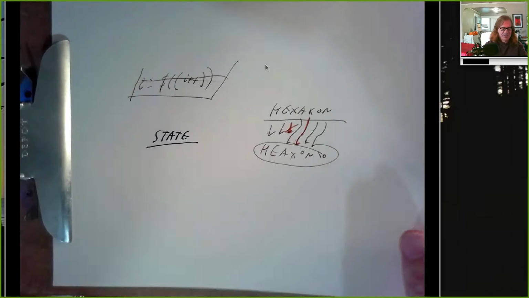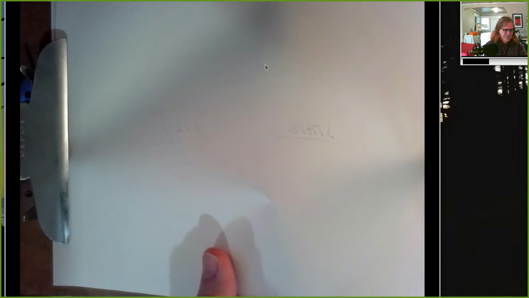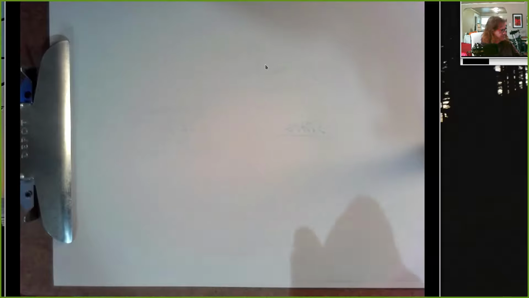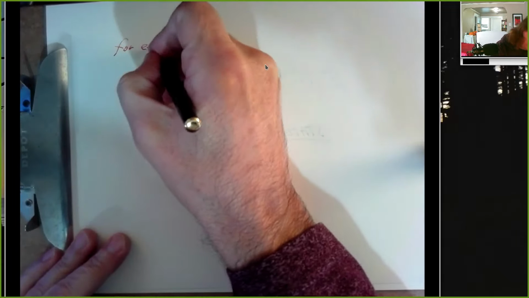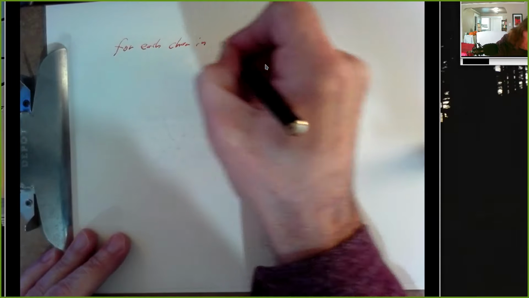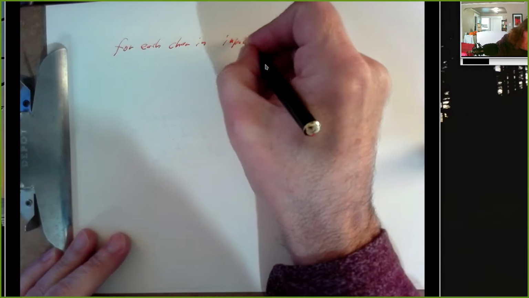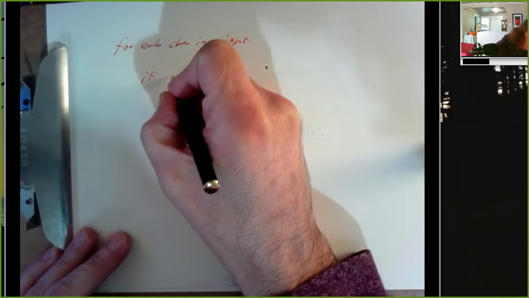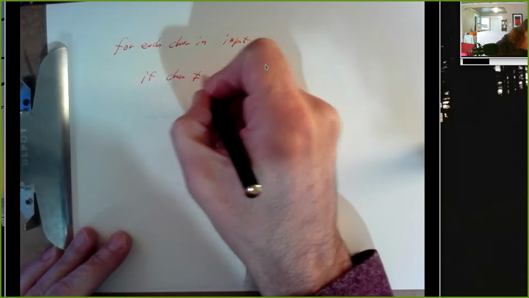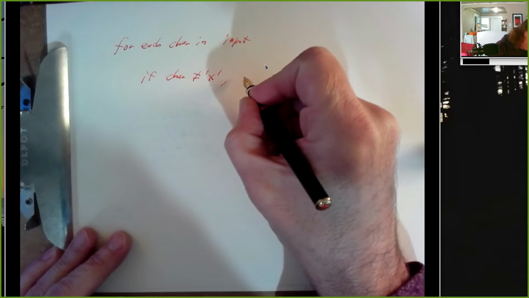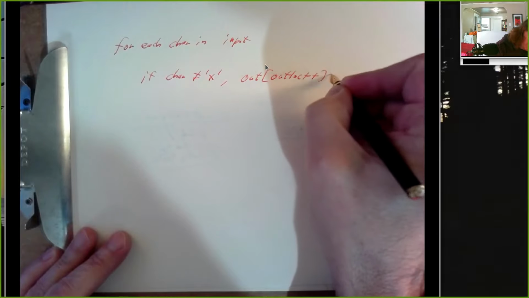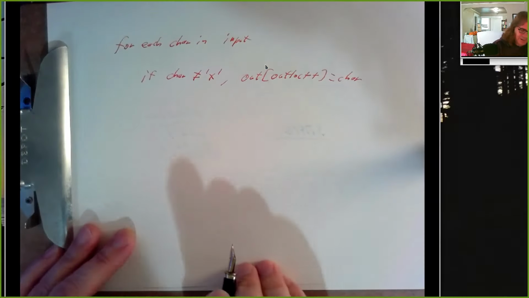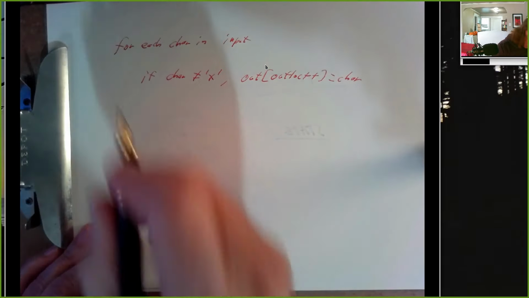All right, let's look at some pseudocode for this. And it'll be very much like the code that we saw yesterday. So for each character in the input, if the character is not equal to an X, let's copy that character to our output location.